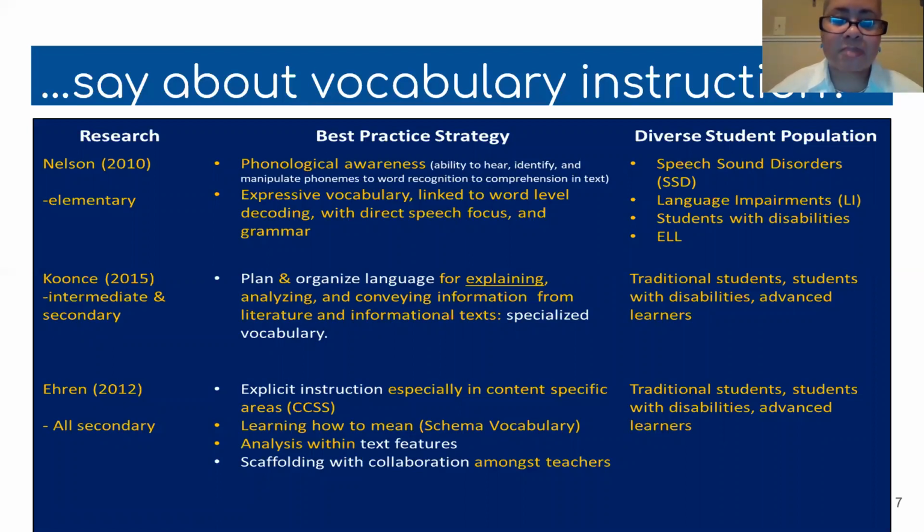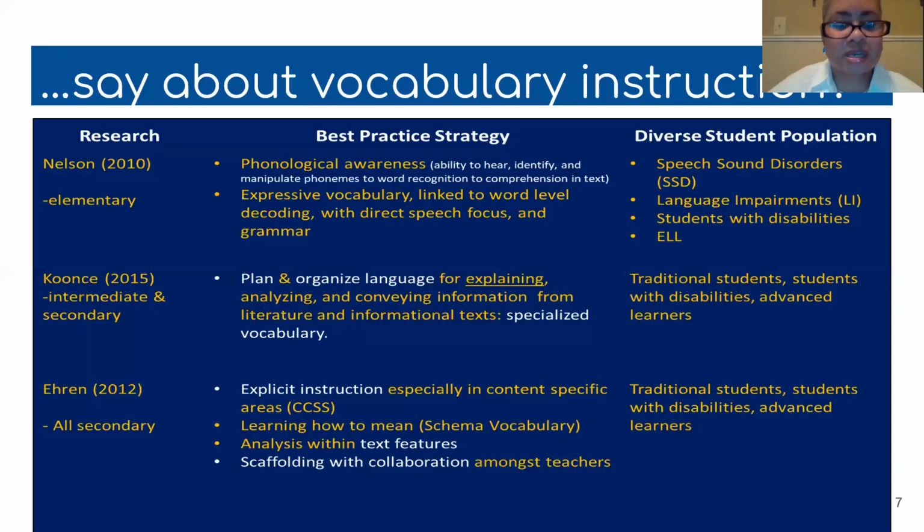Students also need to be exposed to expressive vocabulary, some dialogue within text, but it also being linked to word level decoding. Well, in 3 through 5 grade band, we need to continue to practice those decoding of syllables within words, and then moving on to direct speech, identifying multi-meaning words, but also multi-meaning words and the grammatical syntax and the way it is used within text.